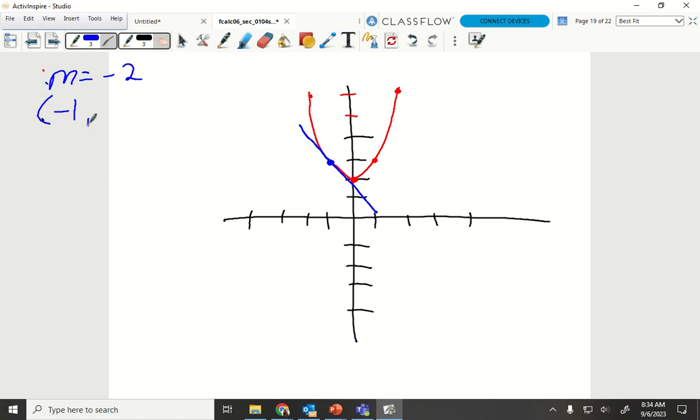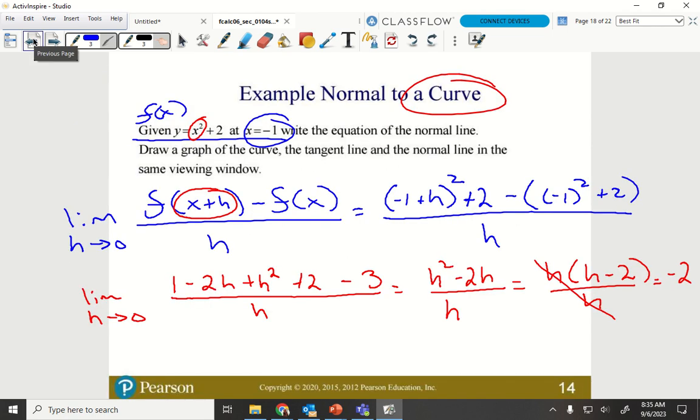How would you find the y value if you know the x?